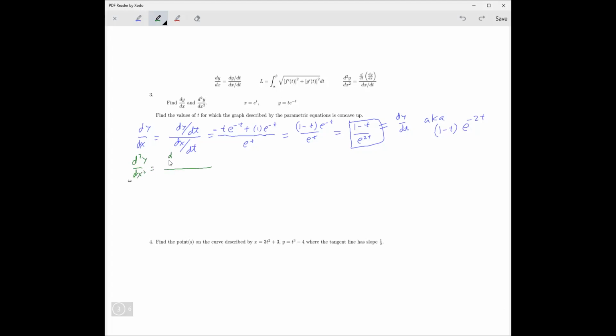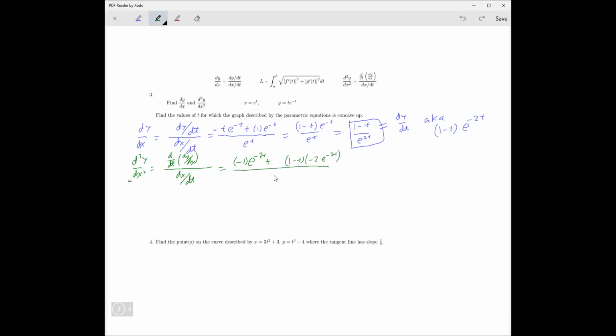Okay, remember that's the derivative of dy/dx. So this is the derivative of this one right here, divided by dx/dt. The derivative of this is going to be the derivative of the first part, which is negative 1, times the second part, plus the first part times the derivative of the second part, which is -2 e to the -2t.